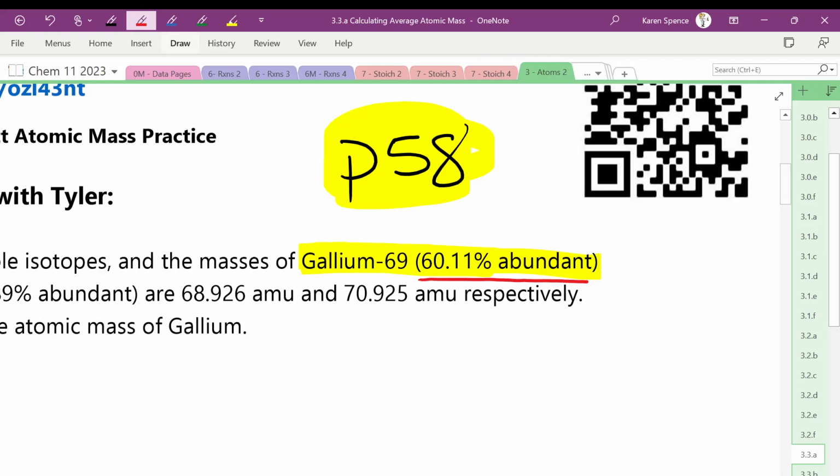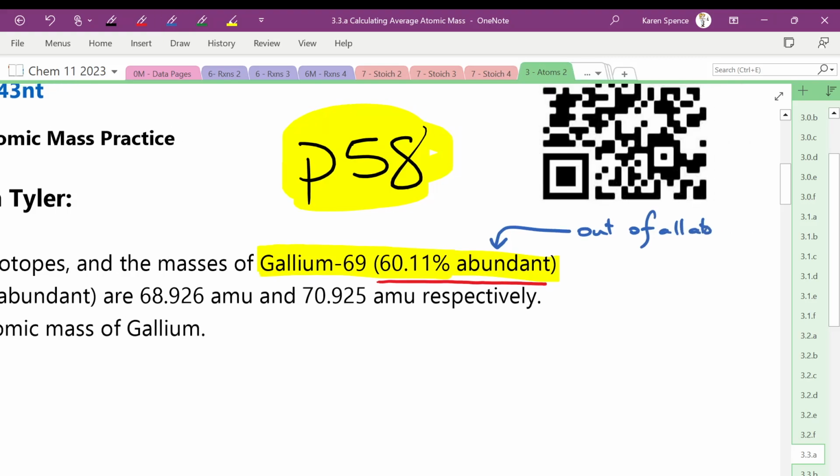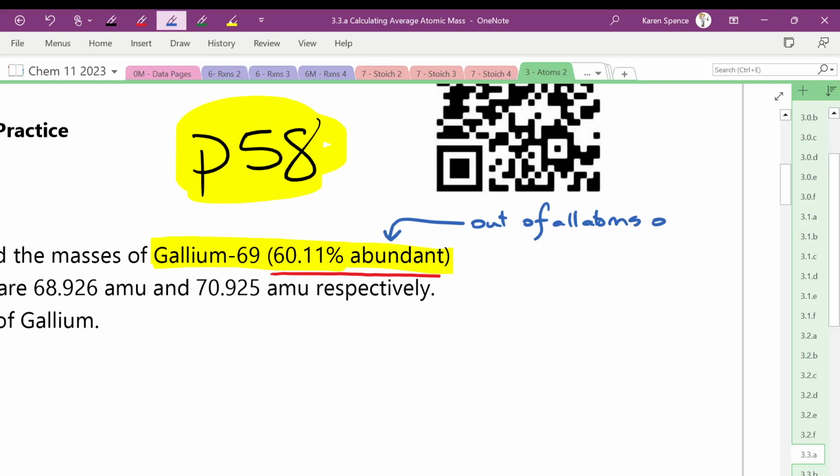Okay, for the rest of you who don't know what that means, what it means is that out of all the atoms of gallium, 60.11% have a mass of 69. Okay?